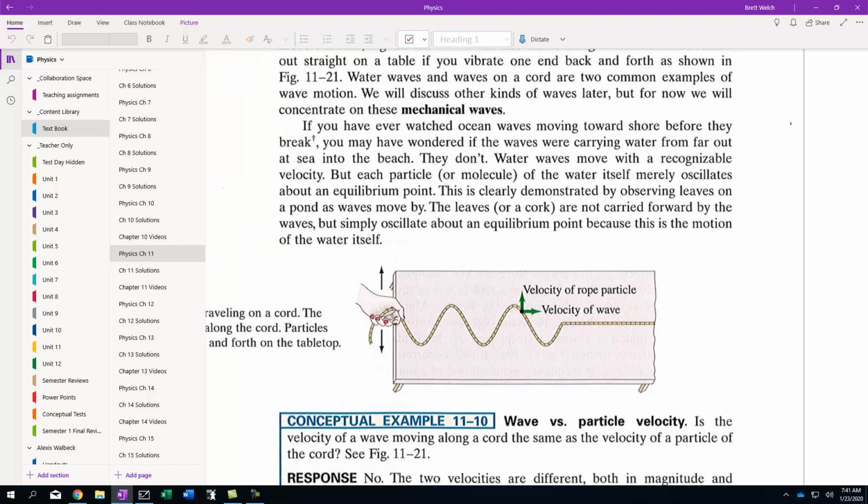An example you can think of is swinging a rope, and as you swing it up and down, you can create the wave. If you look at this drawing right here, it's a really good model of the fact that a single spot on the rope is actually only moving up and down.